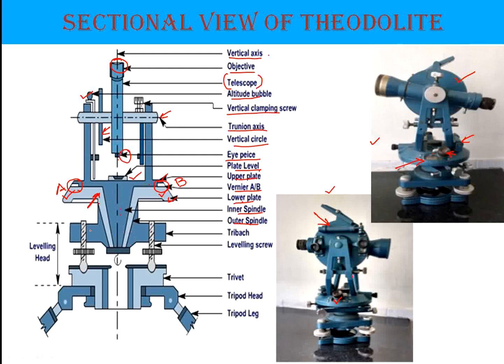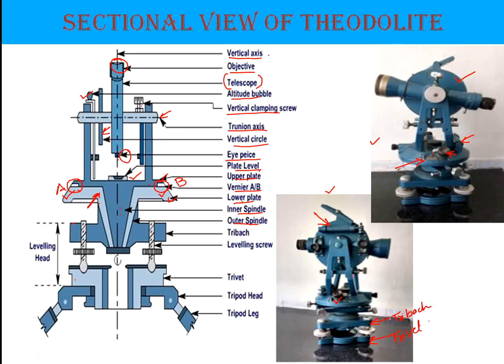Now coming to this portion from the first triangle to the second triangle. Triangles you can see here. This is the first triangle shape and second triangle shape here. And this upper triangular portion is known as tribrach, and the lower triangular portion will be termed as trivet.